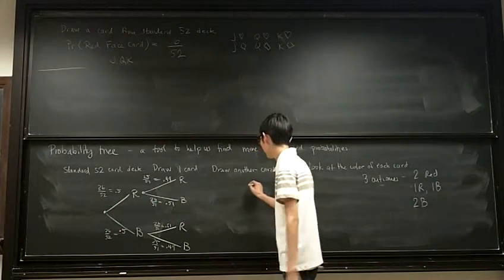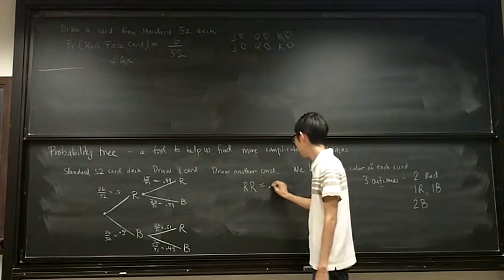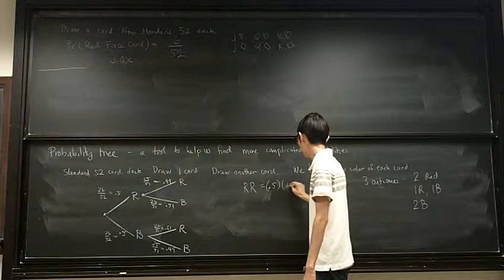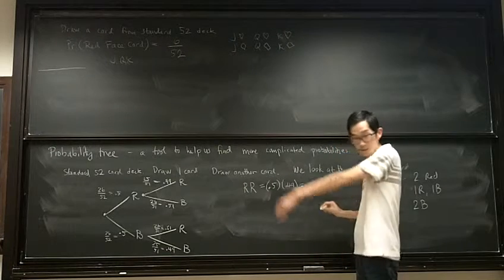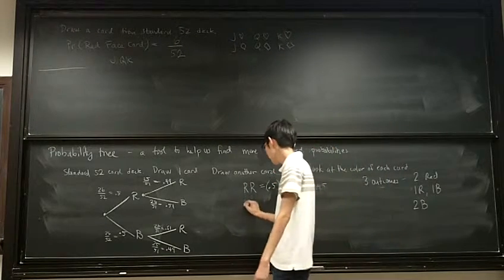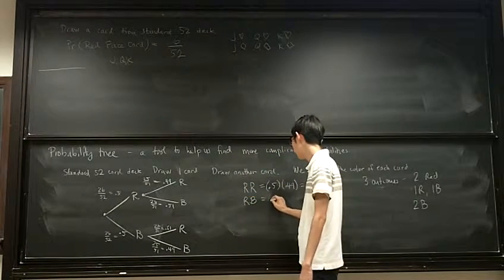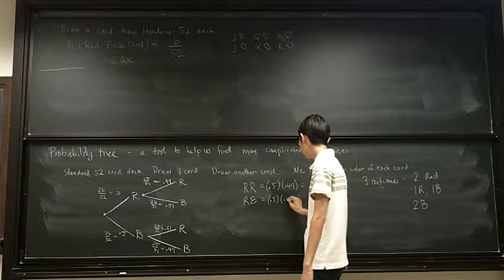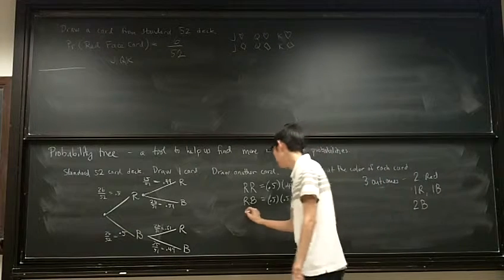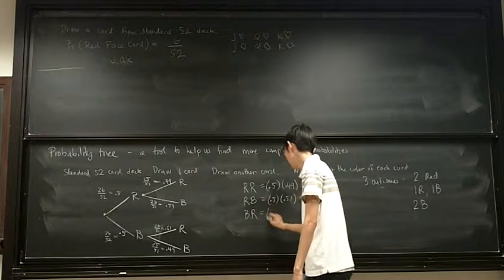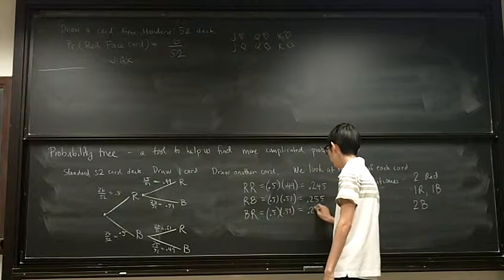Okay, so what's the probability of getting red, red? Well, I just go and I multiply down the branches, and I do 0.5 times 0.49, and I get 0.245. Okay? The probability of first drawing red and then drawing black is 0.5 times 0.51, and that's going to be 0.255. Probability of drawing black and then red is 0.5 times 0.51, which is 0.255.